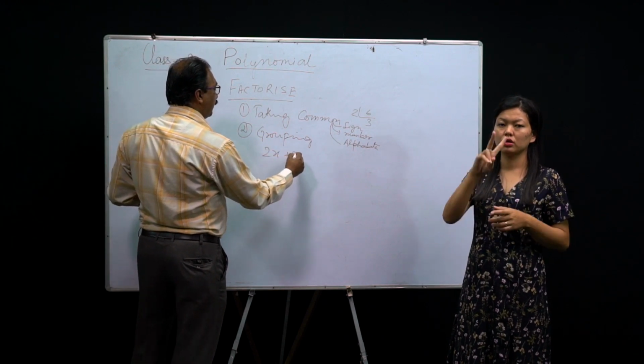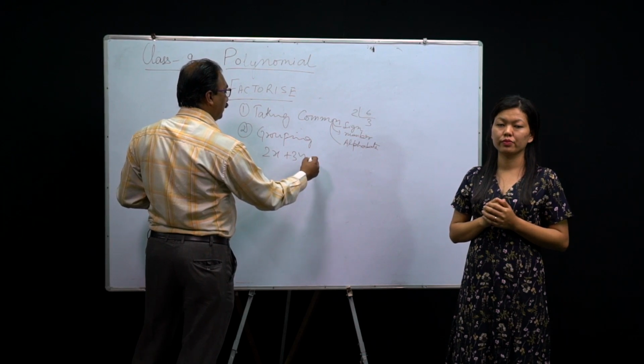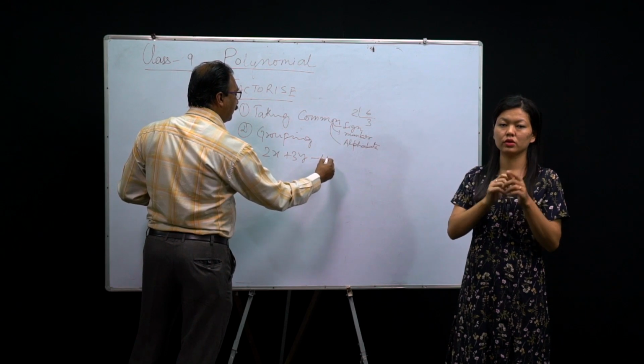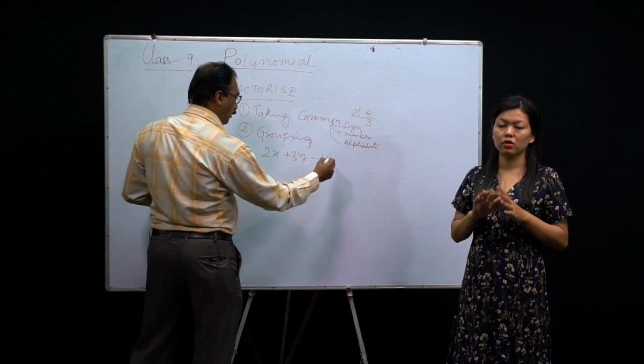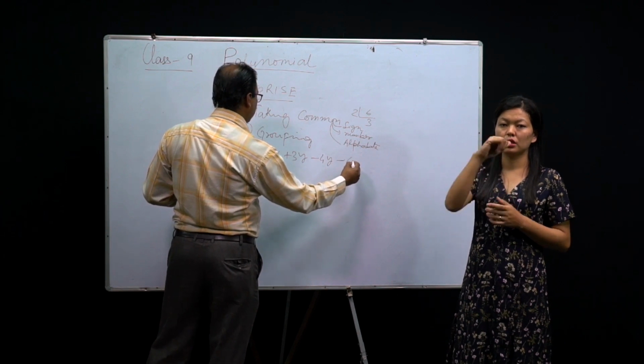I write here 2x plus 3y minus 4y, minus 6x.